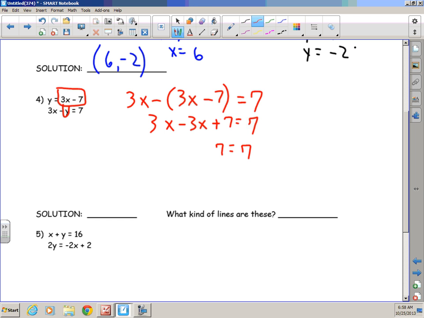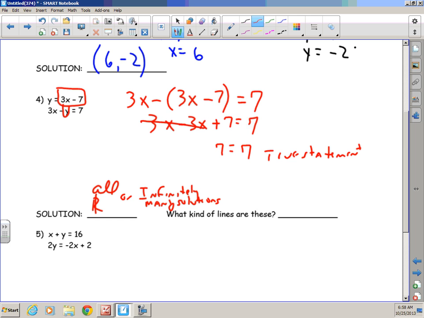Now, hopefully at this point, you're remembering from earlier in the year when we got an equation and the variables were eliminated, and I'm left with a true statement. What our solution is: all real numbers, or infinitely many solutions.